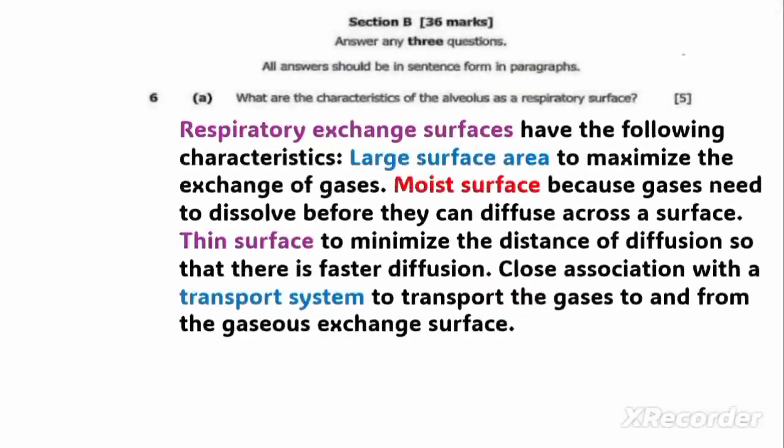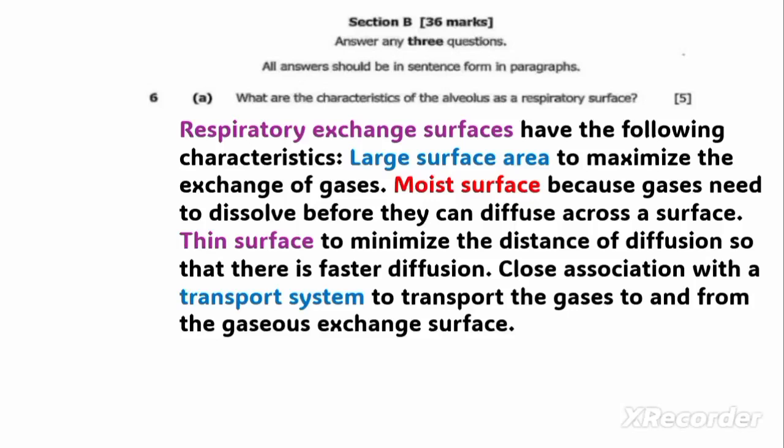Therefore, we are going to say a respiratory exchange surface has the following characteristics: a large surface area to maximize the exchange of gases; a moist surface, because gases need to dissolve before they can diffuse across a surface; a thin surface to minimize the distance of diffusion so that there is faster diffusion; and a close association with a transport system to transport the gases to and from the gaseous exchange surface.